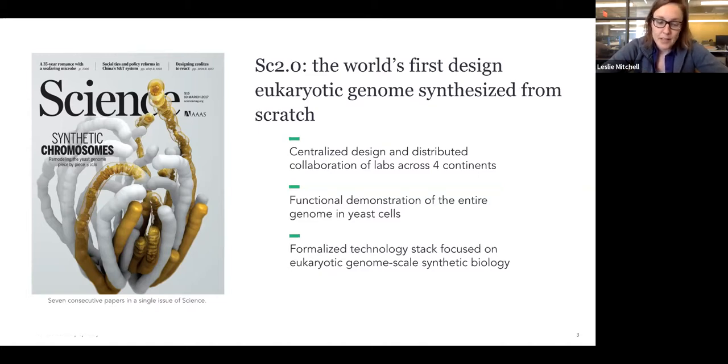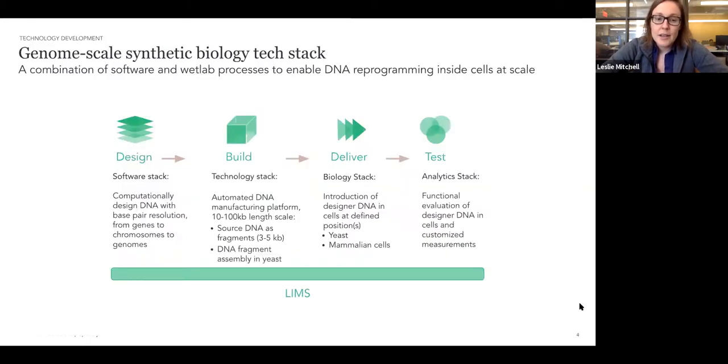It has a different requirement for technology in this design, build, deliver, test cycle, but customized in the context of thinking about how you optimize sequences, not just at the base or gene level, but rather make sure that every base change one makes is going to be compatible globally when you're changing sequences across the whole genome.